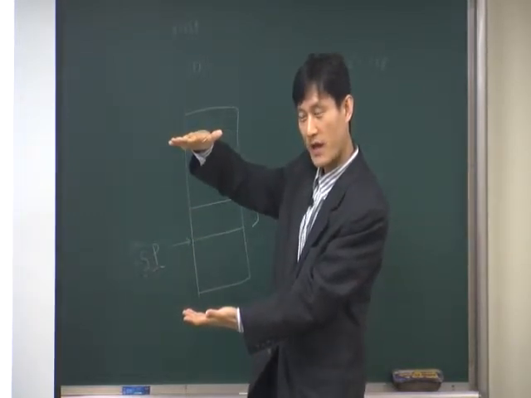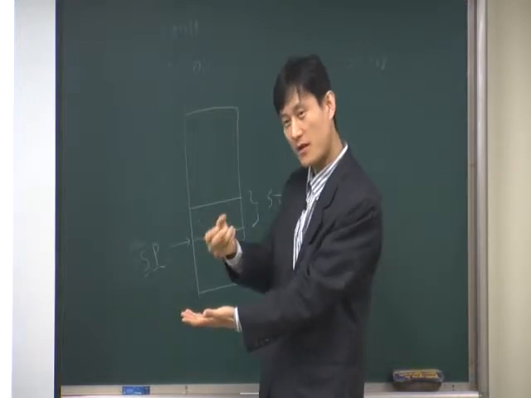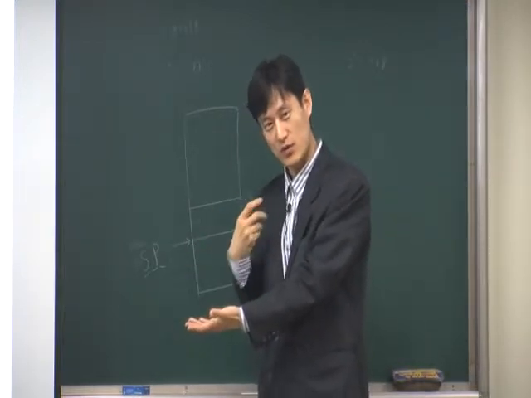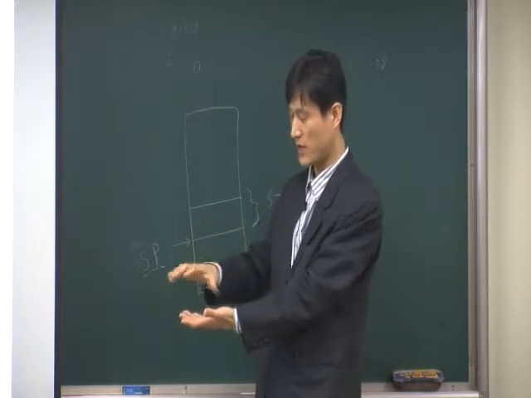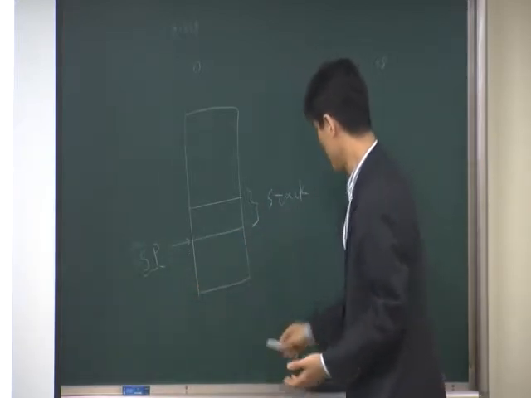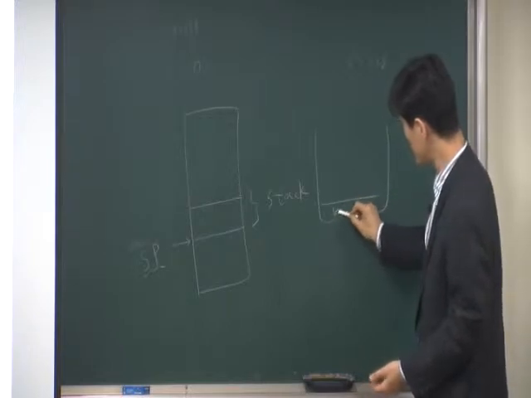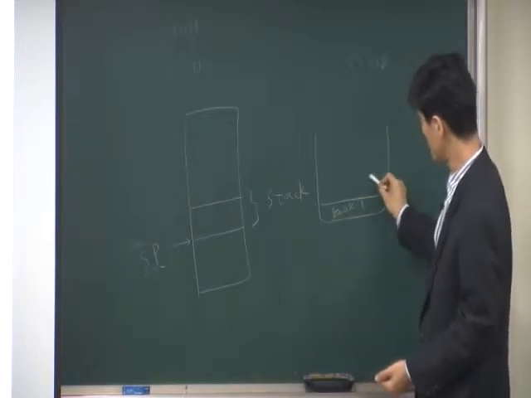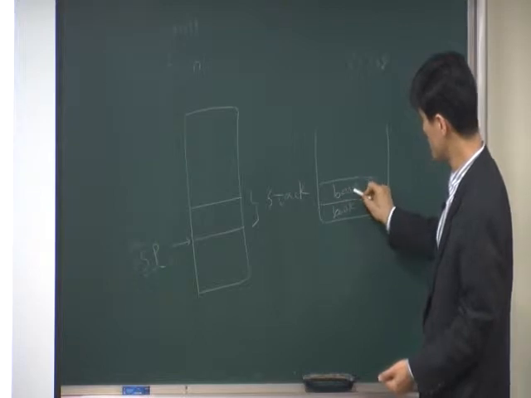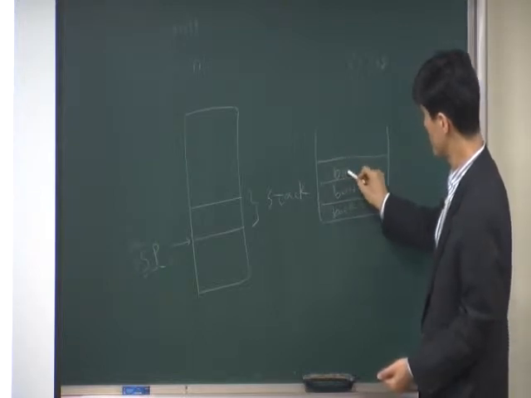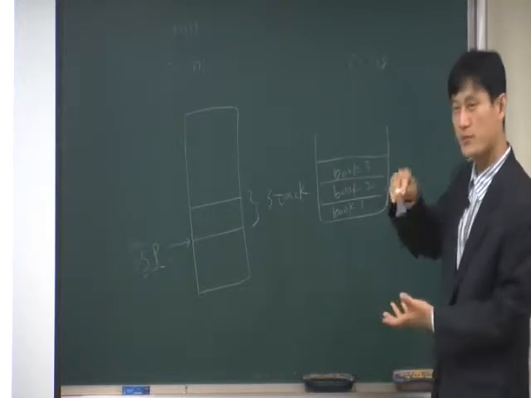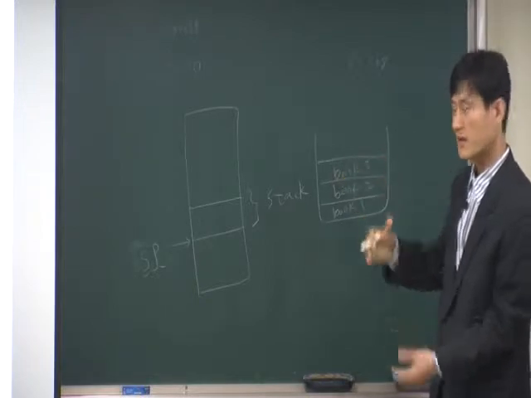Later, now you want to bring the book out. But let's say here's a box, and we put the first book, book 1, in here. And you put the second book here. Let's say you put the 3 books, one after another.